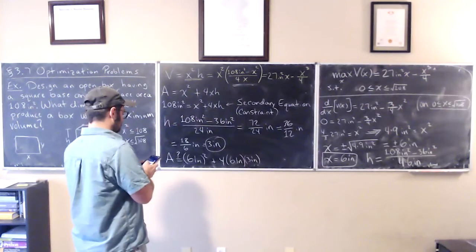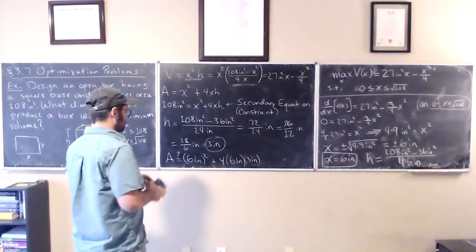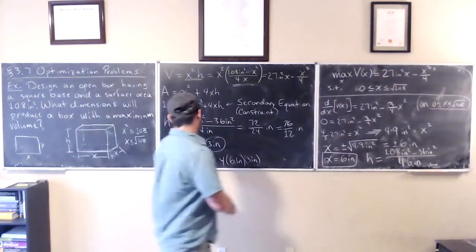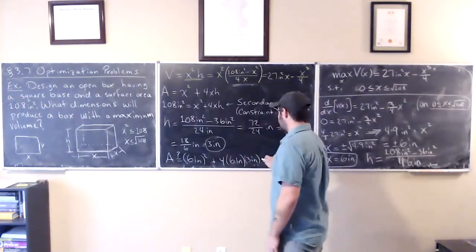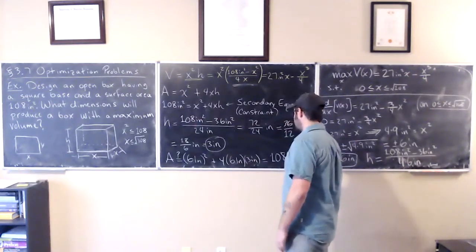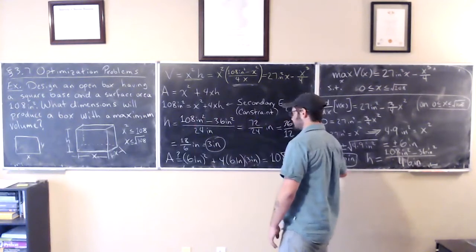So let's see. Yeah, that all adds up. So inches times inches, square inches, and all of this does indeed equal 108 square inches. So we're good.